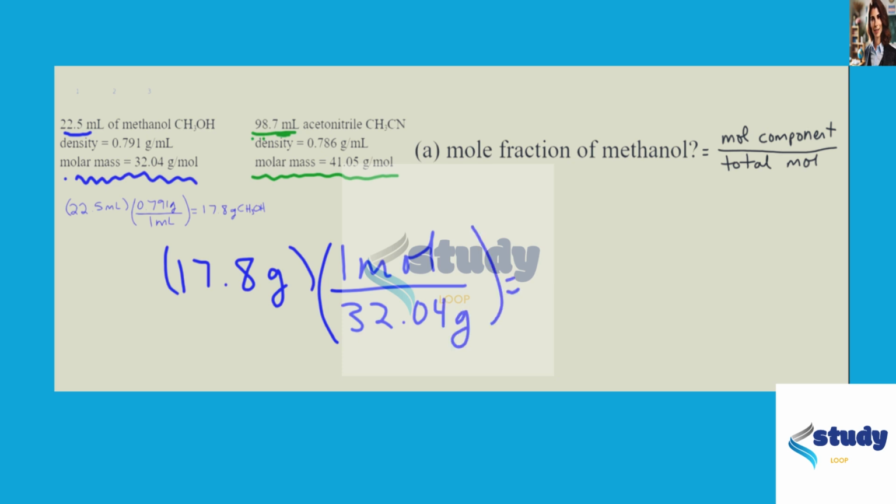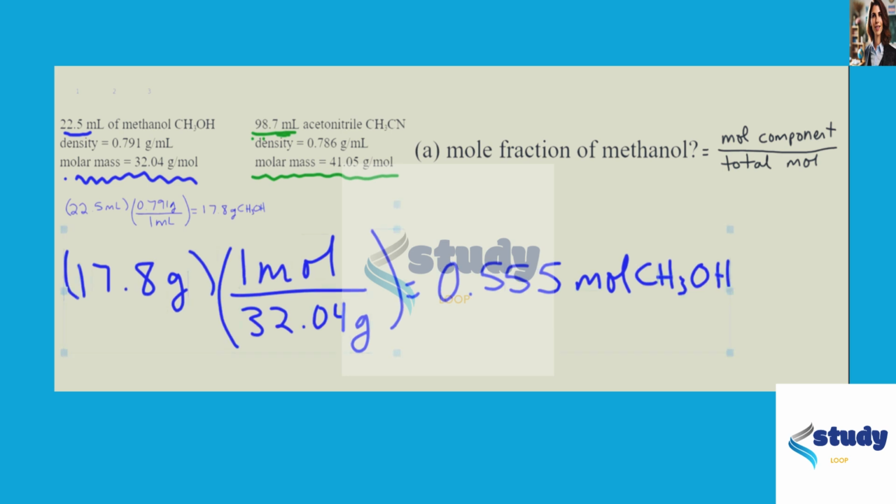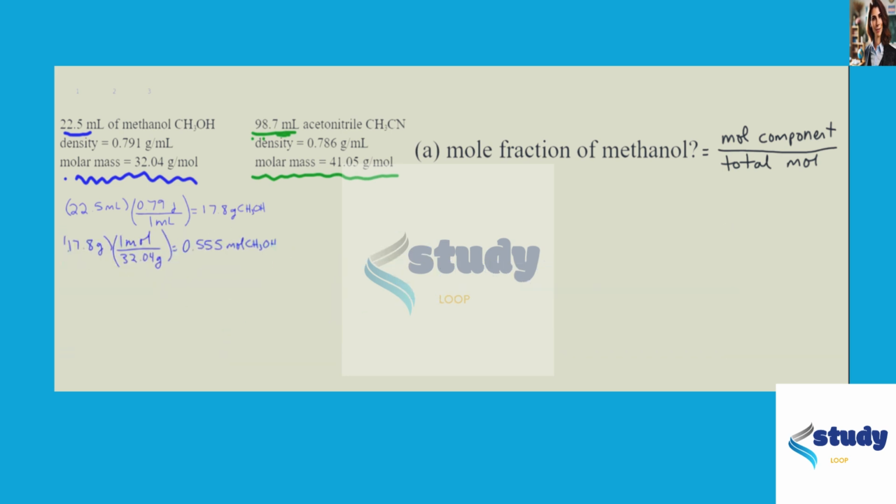What that will give us is 0.555 moles. And again, this is moles of methanol. It's important that we label these so that we can keep track of what all these numbers belong to, both with units and with the substance. Okay, so that's what we know about methanol.